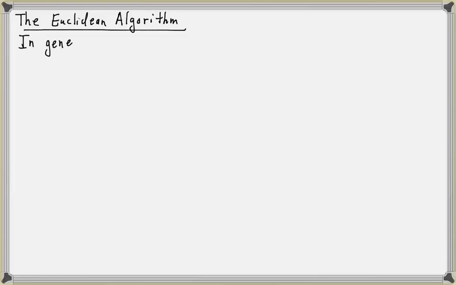So let's be more formal about our definition of the Euclidean algorithm. So in general, let's just assume that A and B are both positive.